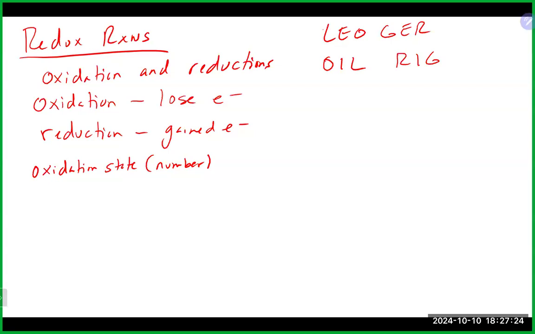So, for example, something like chlorine. We normally think of chlorine when it has a charge as having what type of charge? A -1, right?